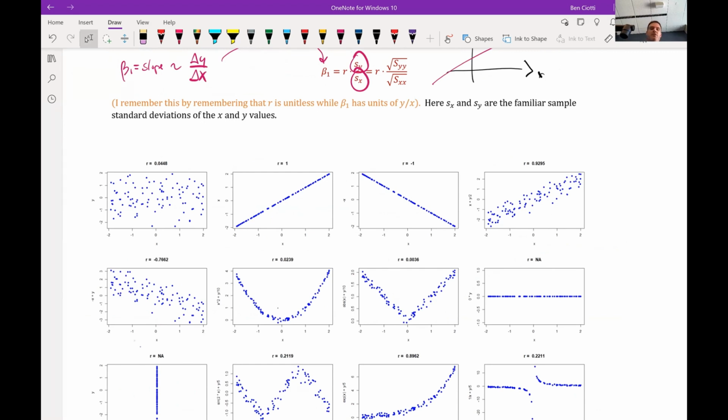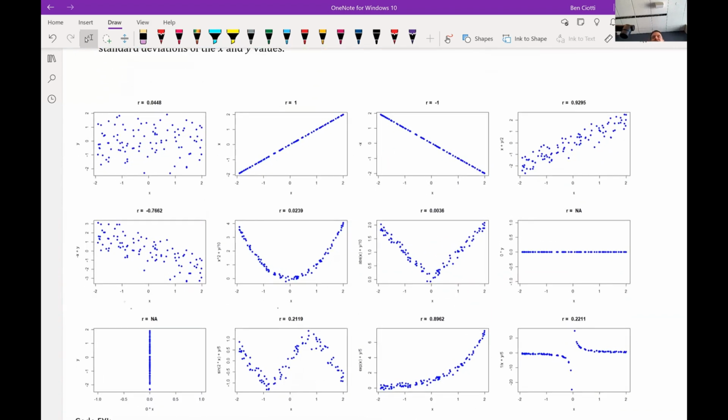Let's take a look at some scatter plots and their various correlations. So here's one with not much of a correlation. It's about 0.4. Here's a strong positive correlation of +1 and a strong negative. This is what a correlation of 0.93 looks like, and a slightly weaker negative one.